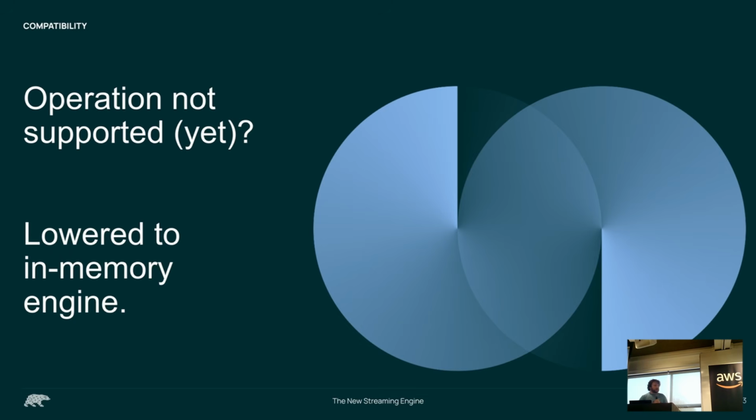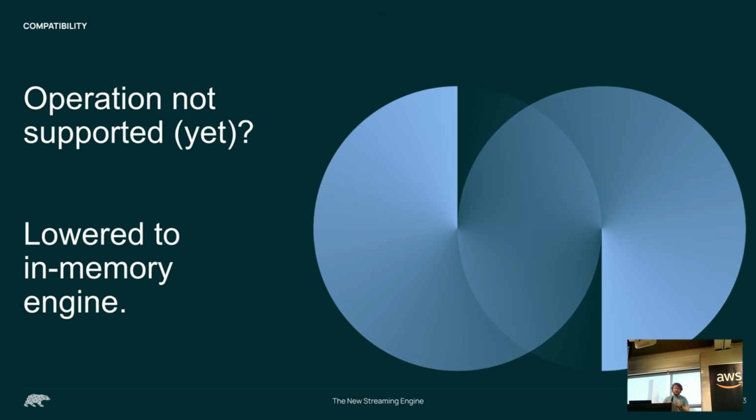If an operation, for example a sum, is not a streaming operation, that's something that we have to implement with a dedicated node in the streaming engine. Not every operation is supported yet in the streaming engine, and with the old streaming engine, the problem was if you hit one of those operations, it would just give you an error or run the entire thing on the in-memory engine.